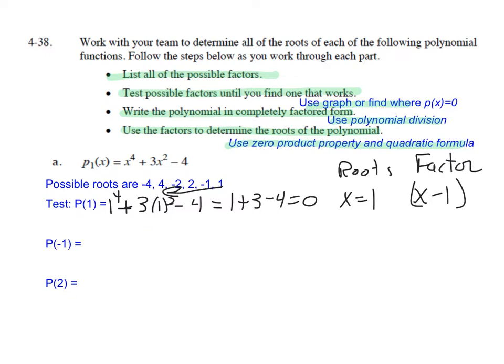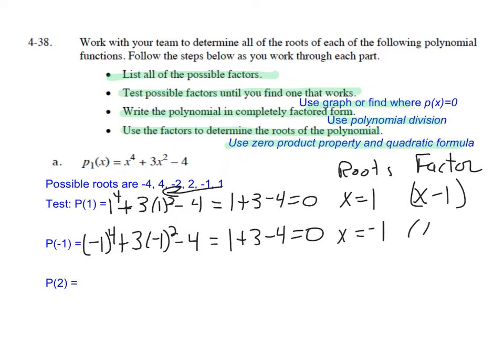Now I'm going to try a -1. A -1 to the 4th power plus 3 times a -1 squared minus 4. Well, a -1 to the 4th power is 1. A -1 squared is 1 times 3 is 3 minus 4. That's also equal to 0. So therefore, x equaling -1 is a root. x plus 1 is a factor.